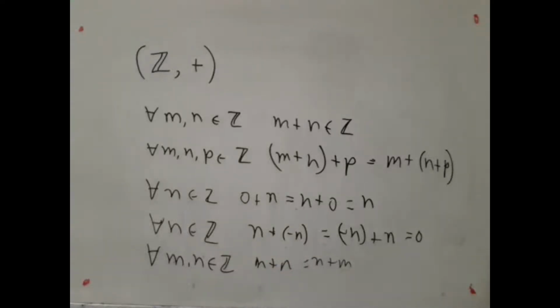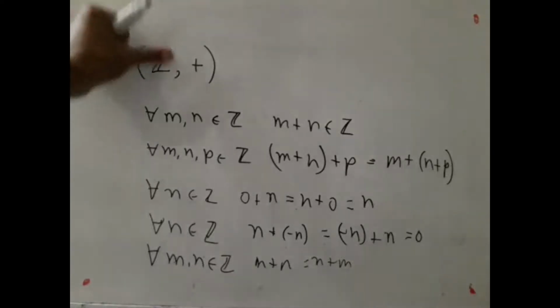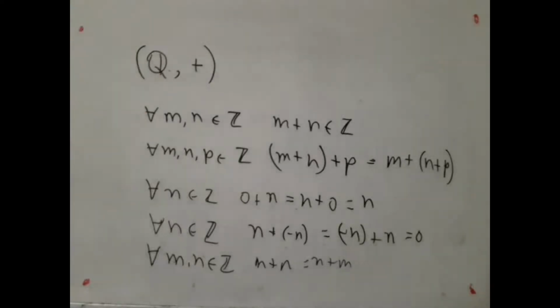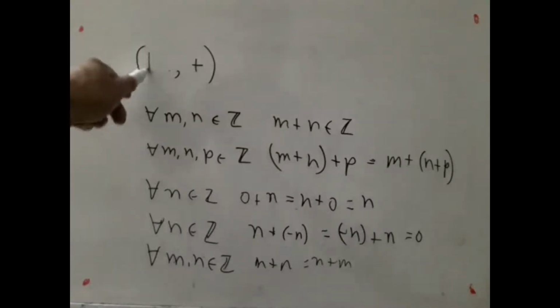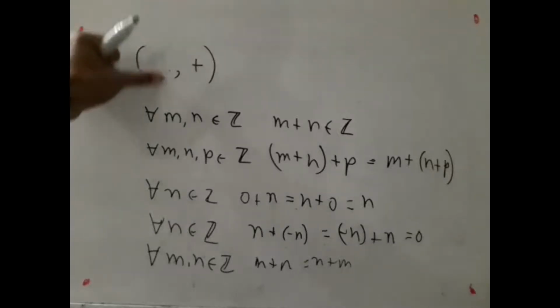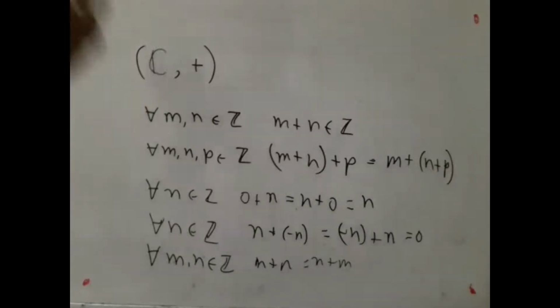Now, if you understand this, it should be quite easy to see that even if I replace this with Q, the set of all rationals, that also works. If I replace it with R, that also works. If I replace it with complex numbers C, even then it holds.